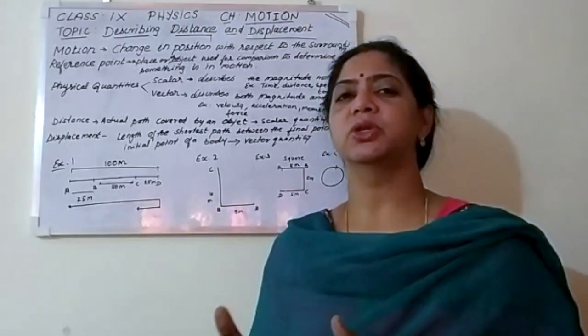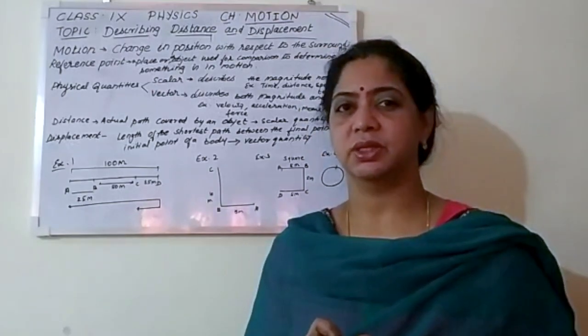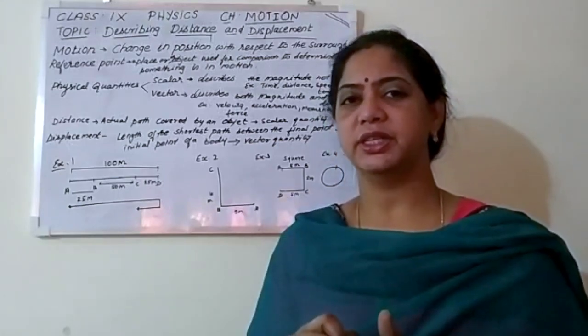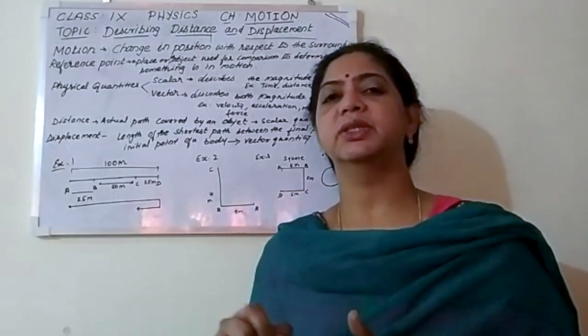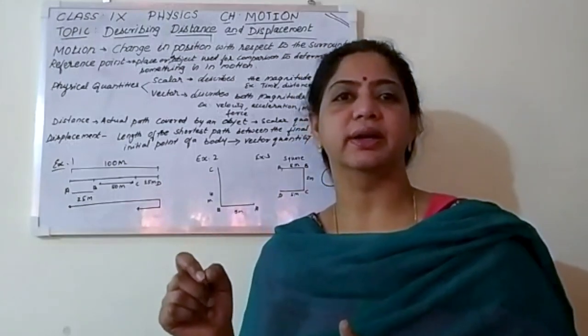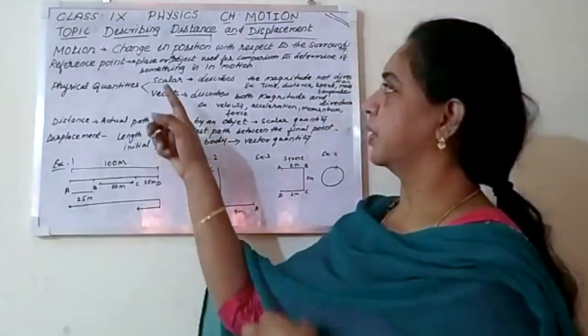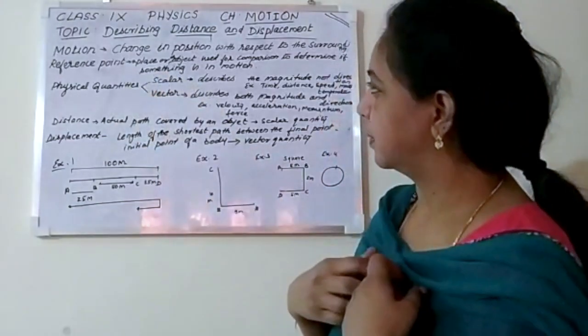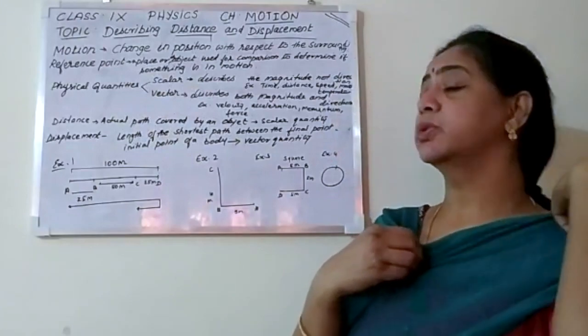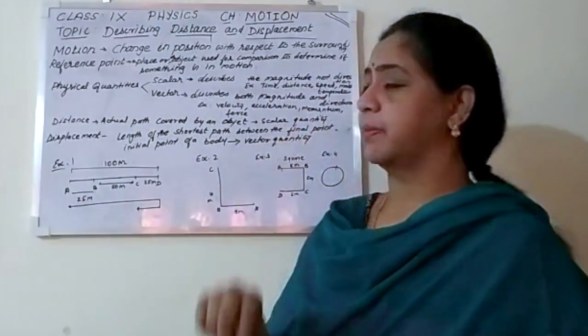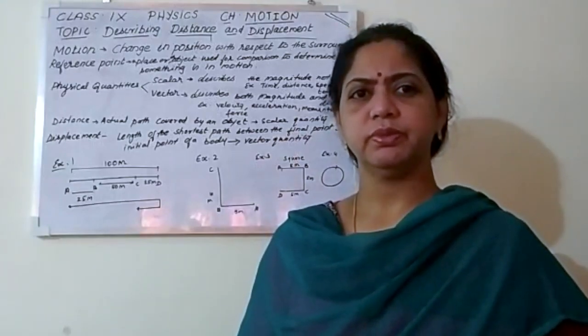So, rest and motion are relative terms. We need one reference point to say whether the object is in motion or at rest. That is called reference point. Reference point is a place or an object used for comparison to determine if something is in motion.